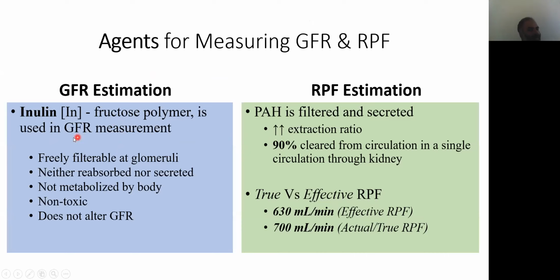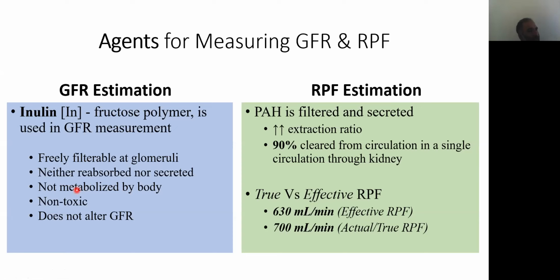It's the ideal substance for GFR estimation because it is freely filterable at the glomeruli. As I said, it's not reabsorbed or secreted. It is not metabolized by any other organ of the body. It is just filtered at the nephron. So you can be rest assured that whatever you gave to the patient will only be touched upon by the nephron, and even in the nephron it will only be filtered.